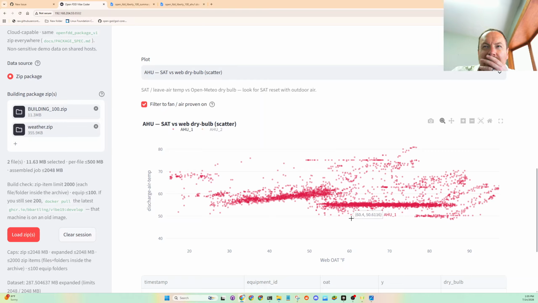I don't know. Point being, there's not a lot of data for when it's colder outside, but I think there is some kind of odd discharge air temperature reset going on. If there is anything, I think it's just one latch: if outside air temperature is greater than 50, it just locks it in.